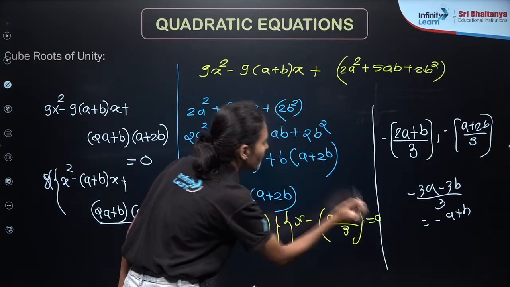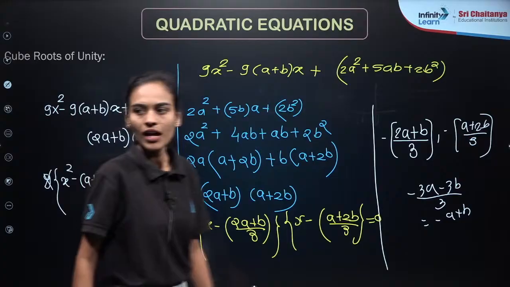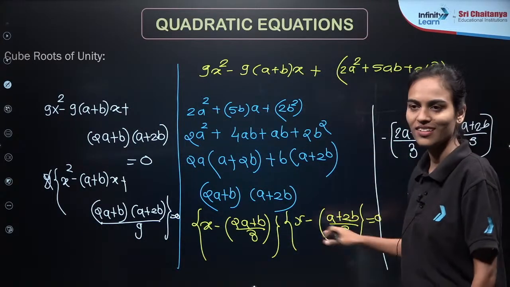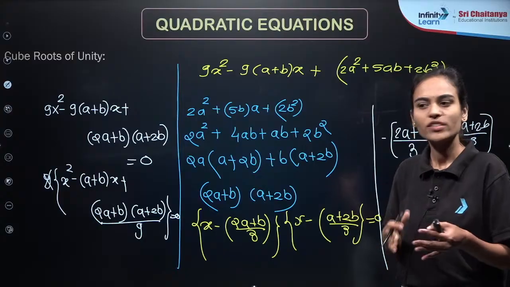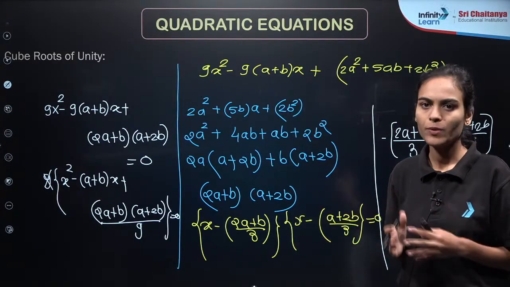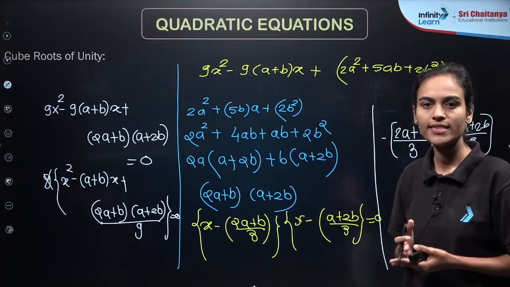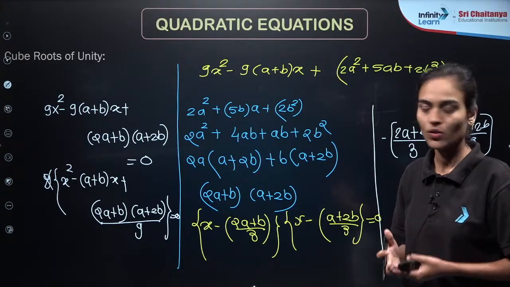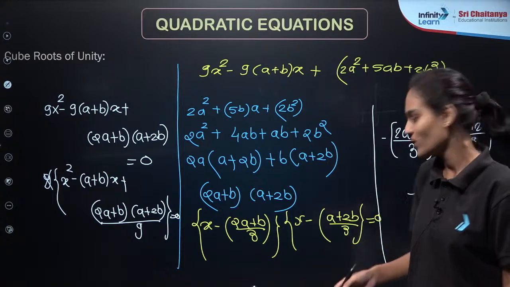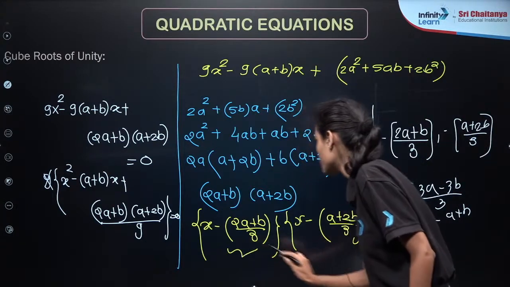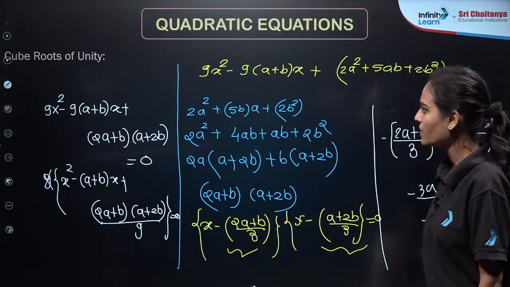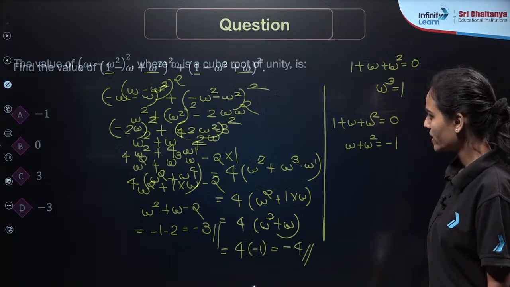And from here you will get your roots. I think this method is bigger than the formula method, right? With the formula also, in the same number of steps you are getting answer. So preferable choice is going with formula. That will be safe, you will get your answer. Don't try this method, because it is not guaranteed that it will always click for you. Okay. So yeah, this is about quadratic equation.